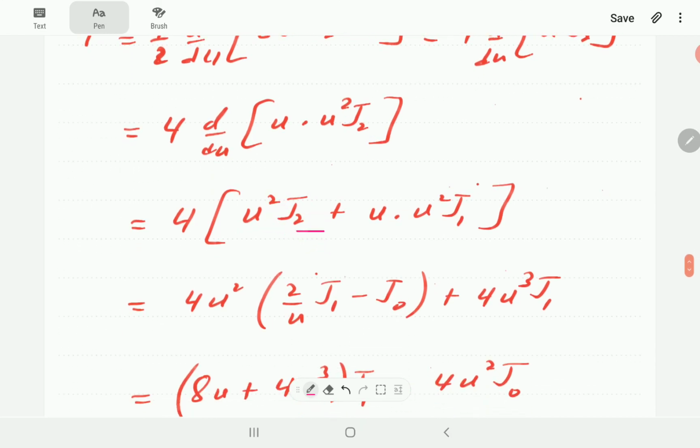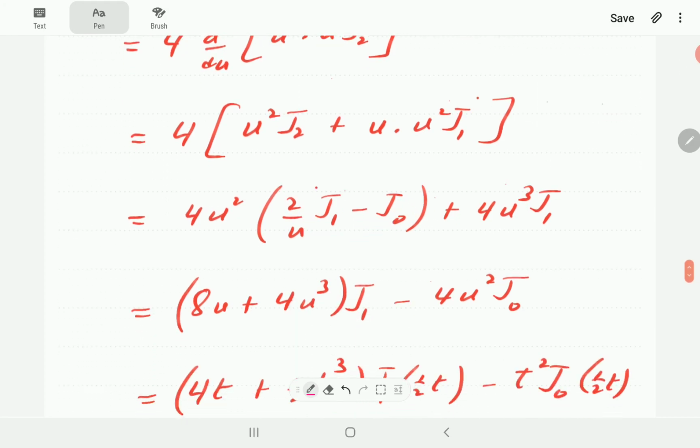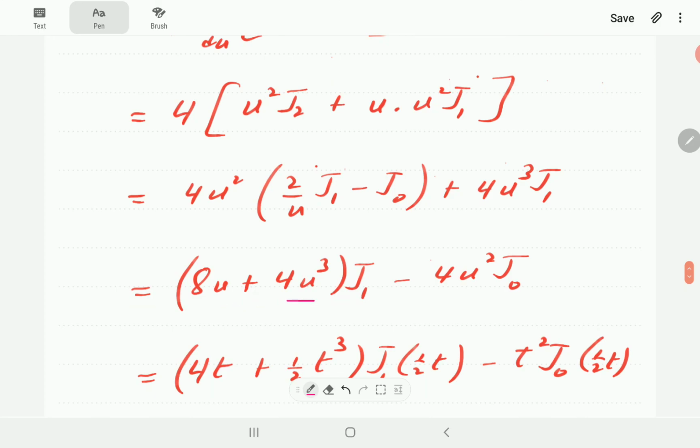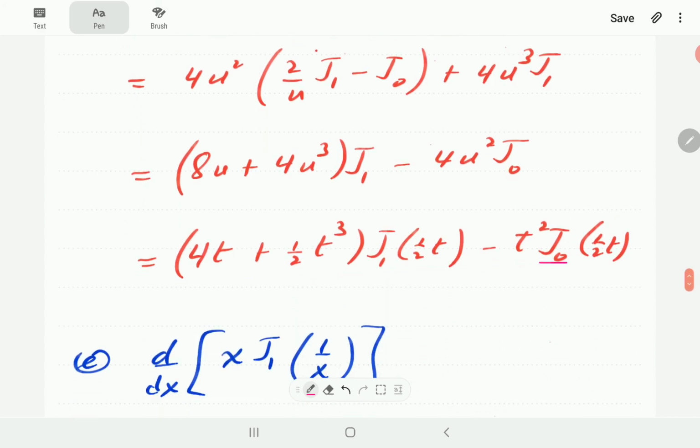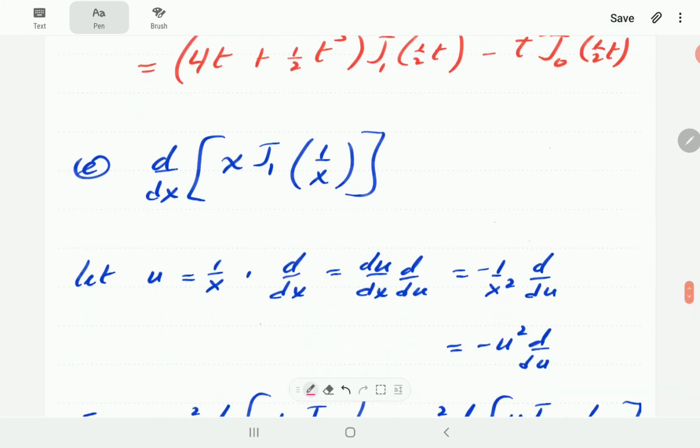And then rewriting J2 in terms of J0 and J1 and collecting terms, we get 8u plus 4u cubed J1 minus 4u squared J0. And then finally rewriting it in terms of t, that is the expression that we get.